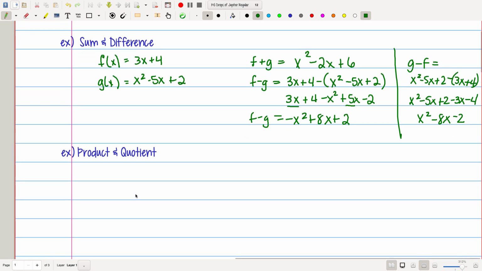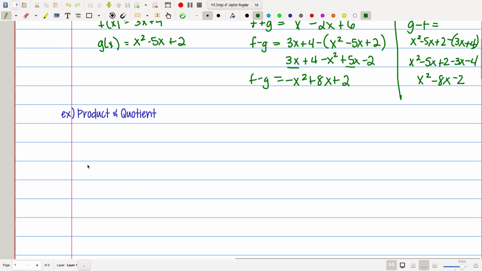Now, product and quotient. Let's say I give you f of x equals x minus 7. G of x equals 2x squared minus 13x minus 7. Okay?